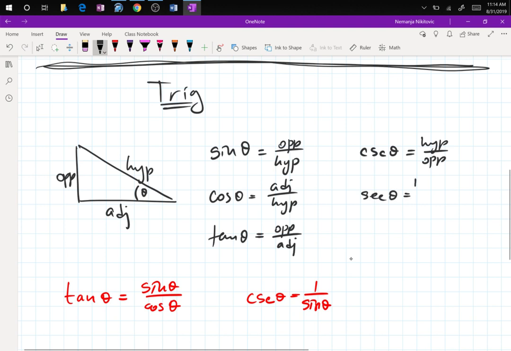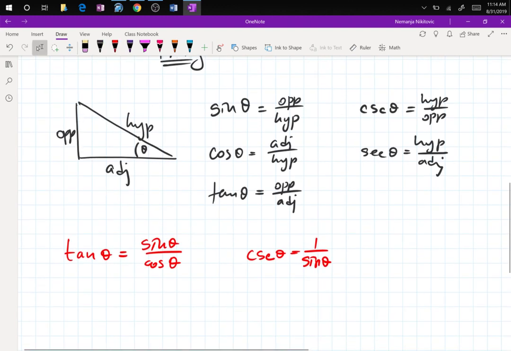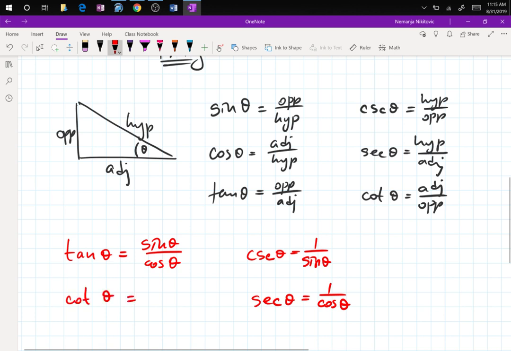Secant theta is hypotenuse over adjacent, so secant theta is 1 over cosine theta. Finally, cotangent theta is adjacent over opposite, so cotangent is cosine theta over sine theta.